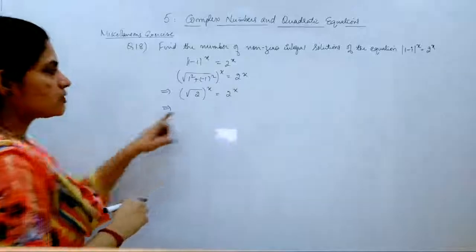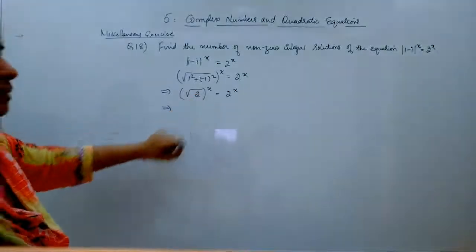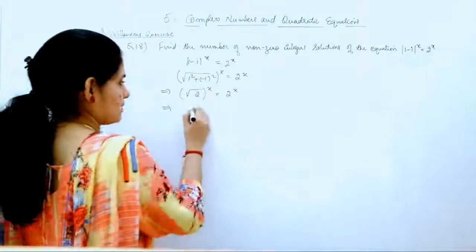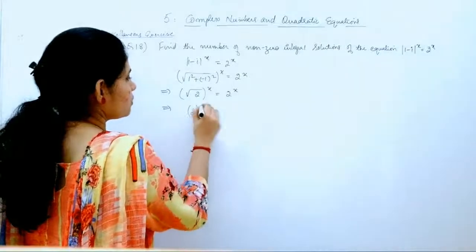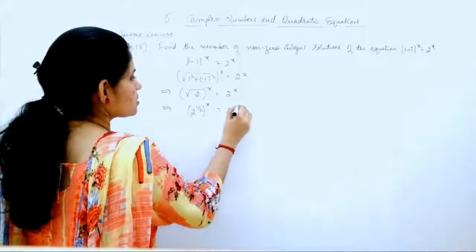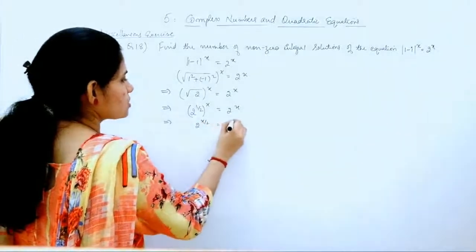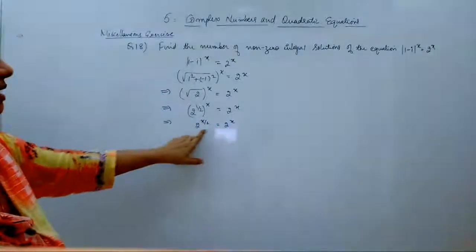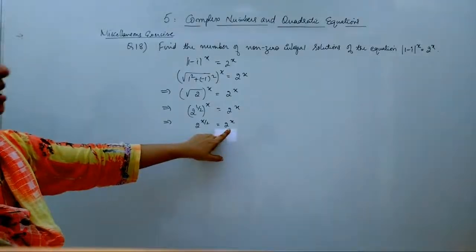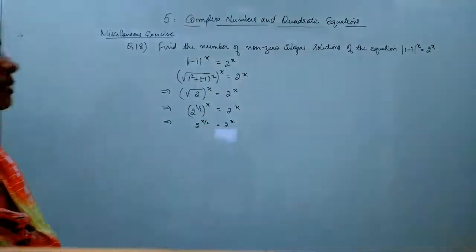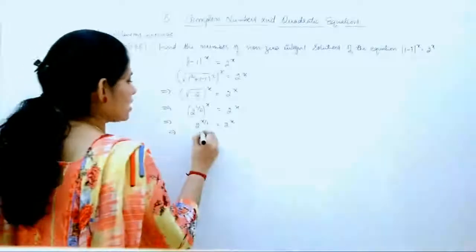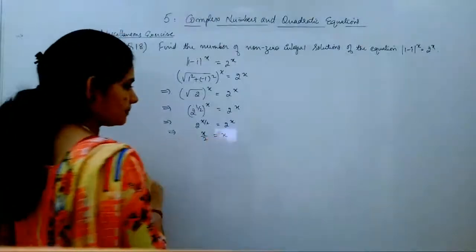Now what we are doing is making this 2 raised to 1 by 2, in order to make the base the same. So this is 2 raised to 1 by 2 the whole raised to x is equal to 2 raised to x. So this will give you 2 raised to x by 2 is equal to 2 raised to x. Now again you can see that the base is the same on both sides, so the powers will be equal. So you are getting x by 2 is equal to x.